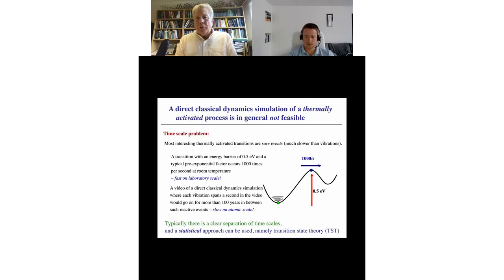Not only would such a video be extremely boring, but it's completely useless, really. So the way to approach this has to be through some statistical approaches, which are well justified because the transitions are so rare. You actually do establish typically a Boltzmann distribution, and you can use statistical approaches to calculate the rates and find the mechanisms of the transitions.